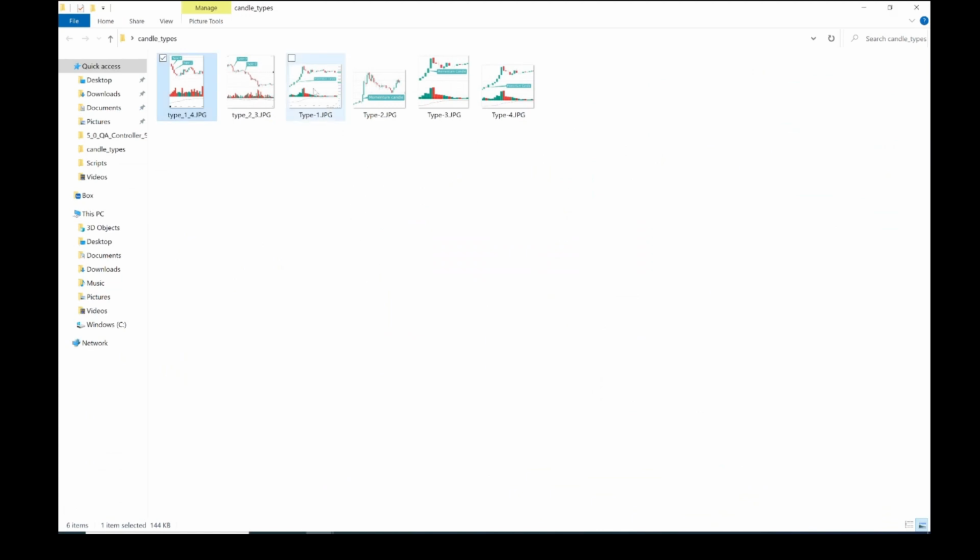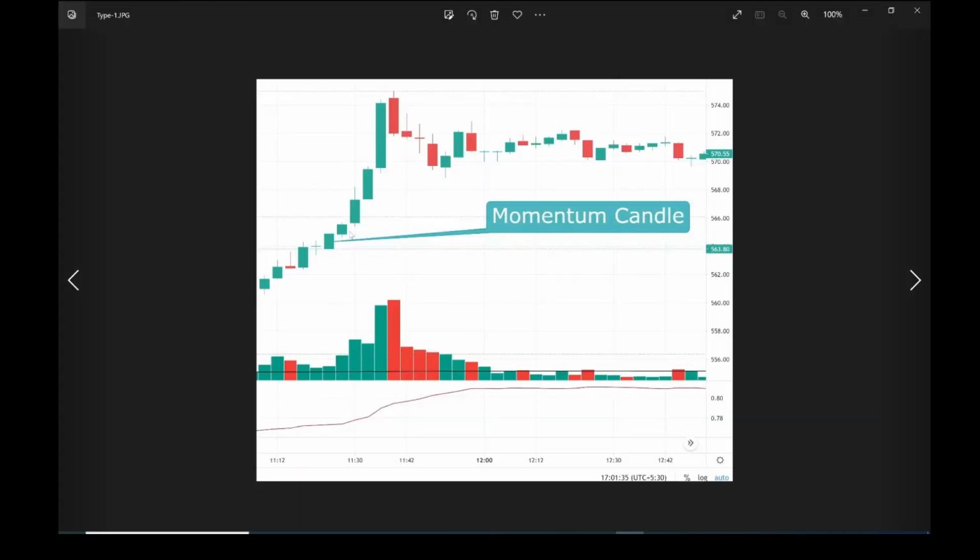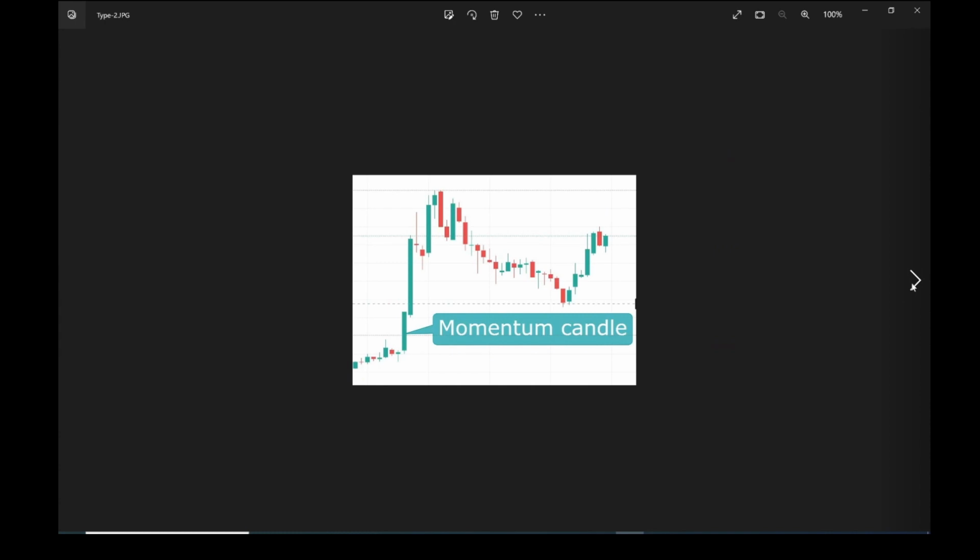You can see here this solid green candle. It doesn't have wicks at the top and the bottom, so we consider this as type 1 momentum candle. Next, at the top there is no wick, only at the bottom there is a tiny wick. This we consider as type 2 momentum candle.